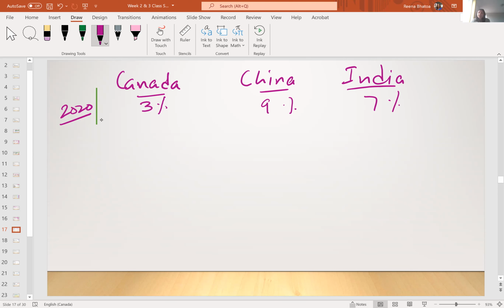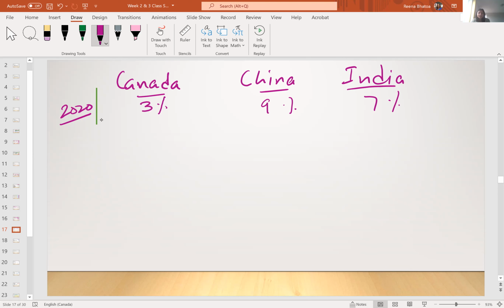Do you really think China is more developed than Canada? Would you say that? Anyone? Is the reality like China is more developed than Canada? No, right?